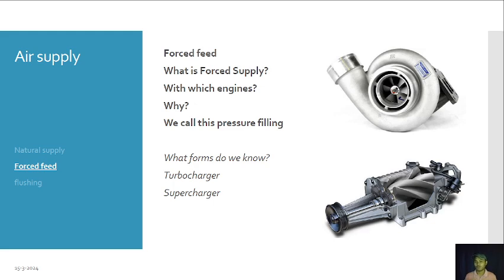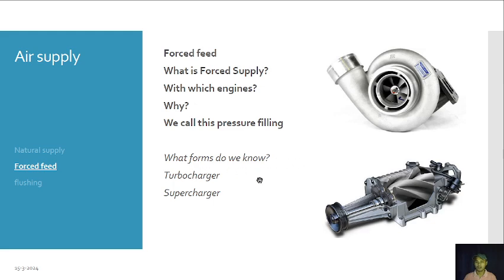If you have quite a volume of air compressed and then create combustion, you will be creating a very high power output. That high power output will be used in our marine engines and in our ships. We call this pressure filling. So we have to fill air inside the combustion chamber.